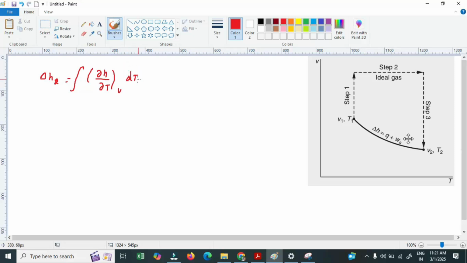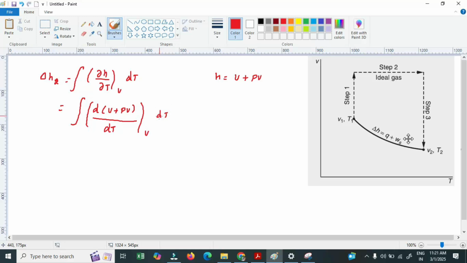From the definition of H, we know that H is equal to U plus PV. I'm rewriting this equation and I'll be getting the integral of d of (U plus PV) divided by dT under constant volume into dT.